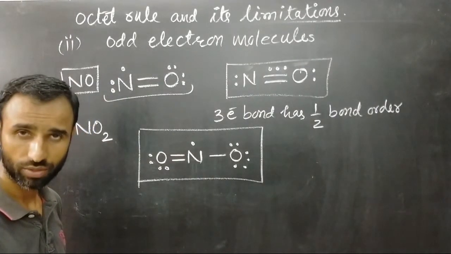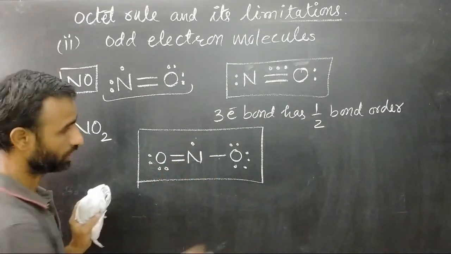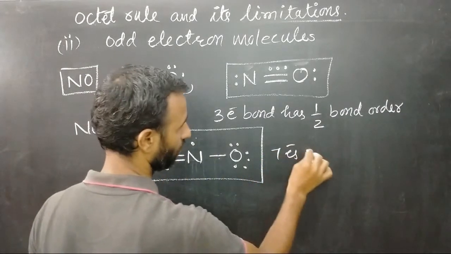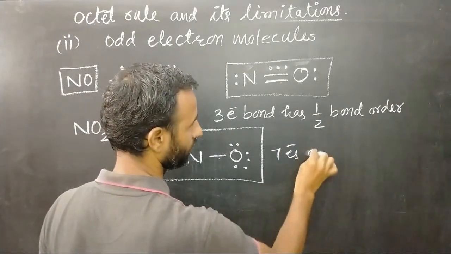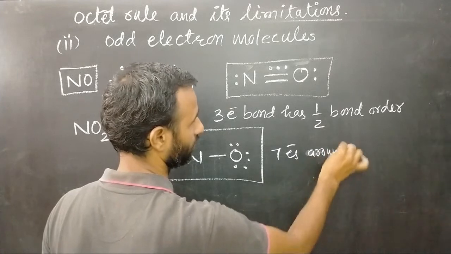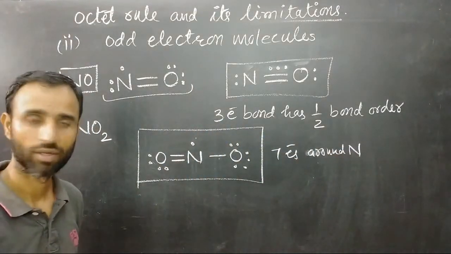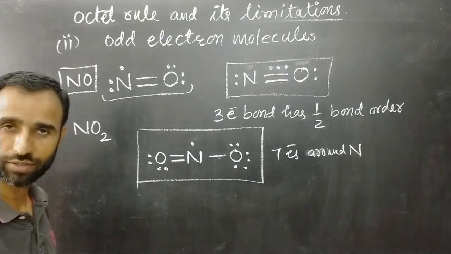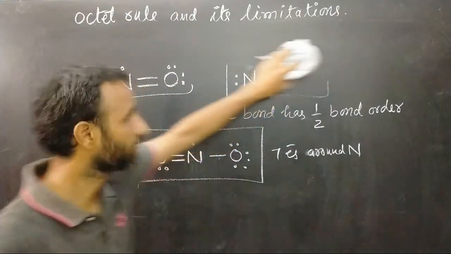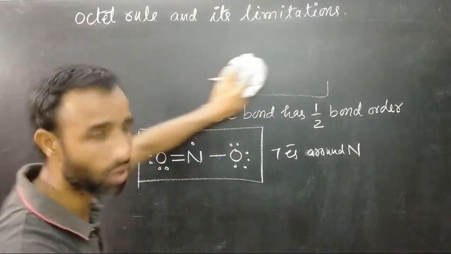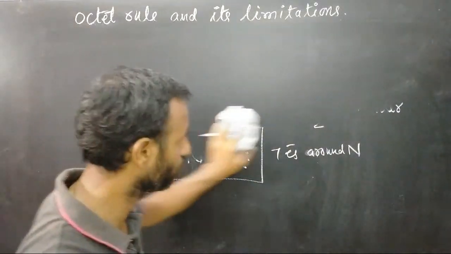Around nitrogen there are 7 electrons, in nitric oxide as well as nitrogen dioxide. So odd electron molecules also exist, which is a limitation of the octet rule. It means the octet rule is not followed by these molecules.